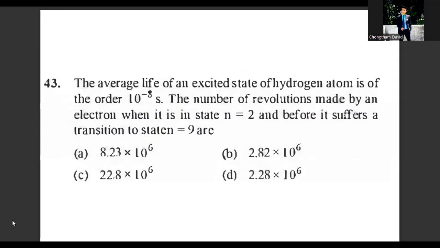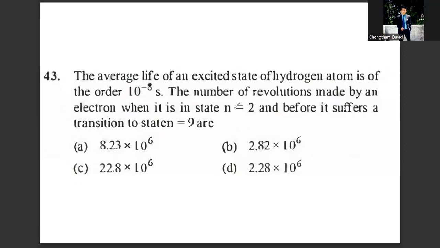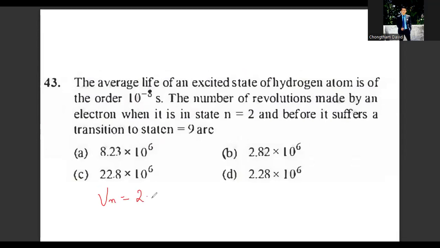Okay, question number 43. The average life of an excited state of hydrogen is 10 to the power minus 8 seconds. The number of revolutions made by the electron when it is in principal quantum number 2, before it suffers transition to 1, are. So how would you answer this question? You have to find the relation from the velocity, which is given by Bohr, 2.19 into 10 to the power 6 meter per second, where 10 to the power 6 means mega.